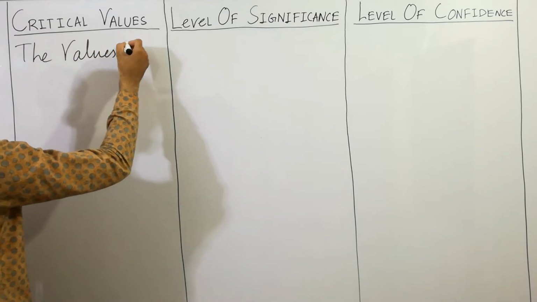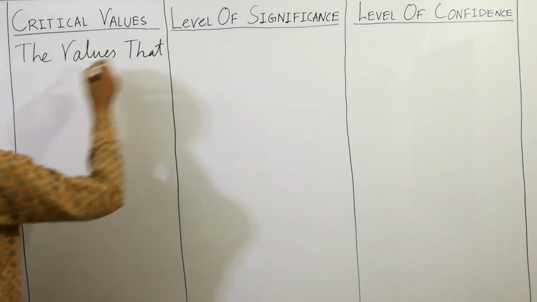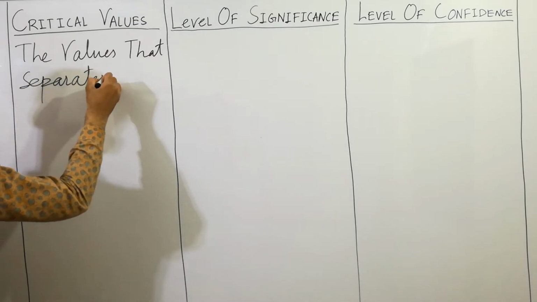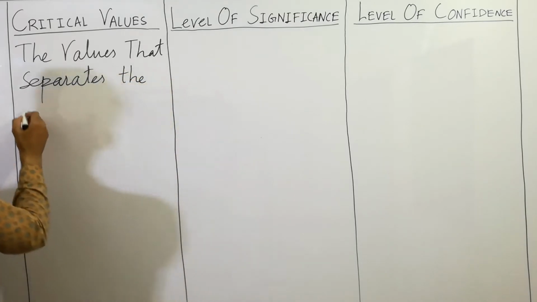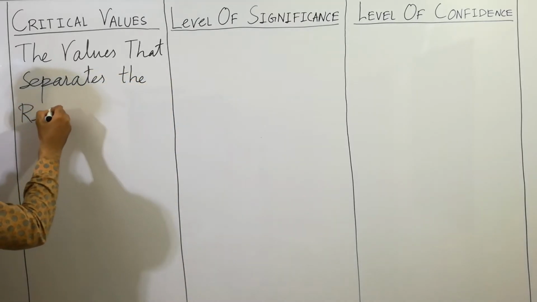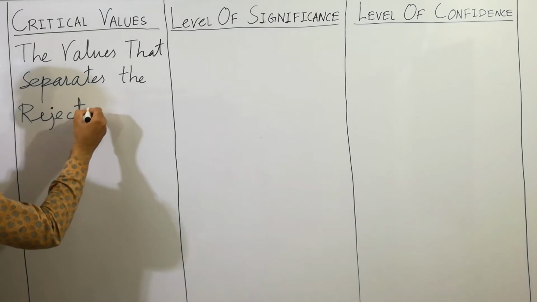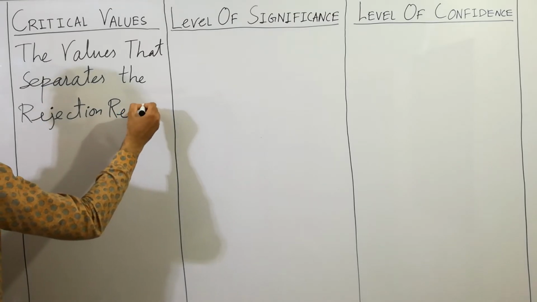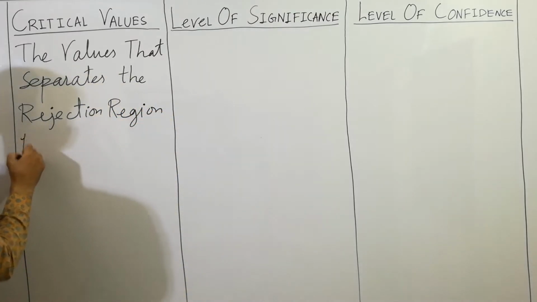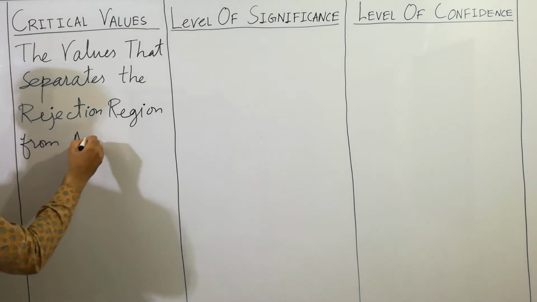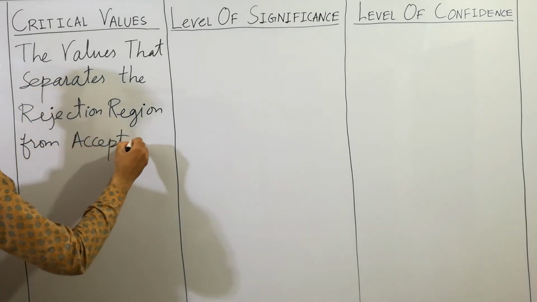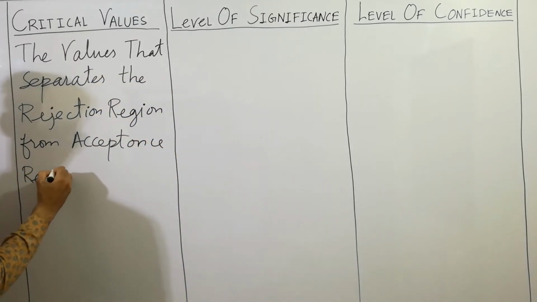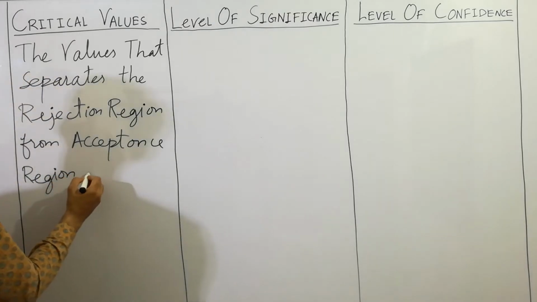The values that separate the rejection region from the acceptance region are called critical values.